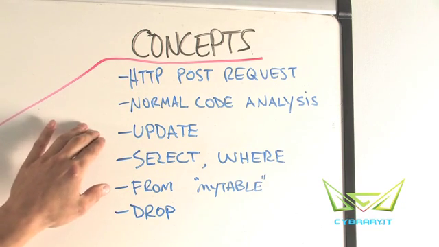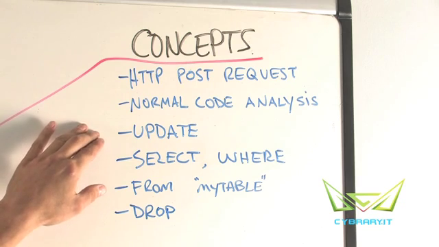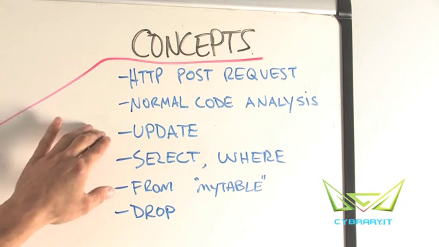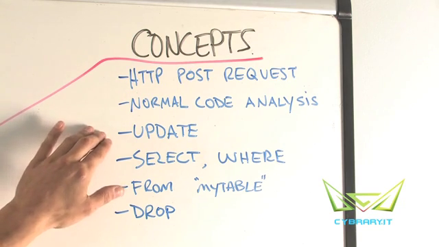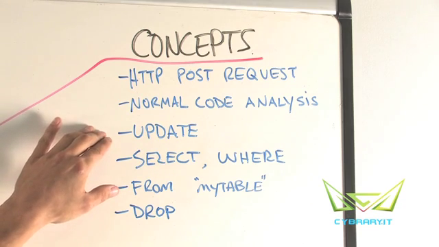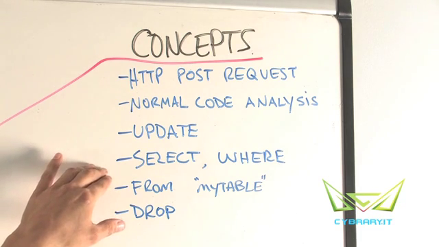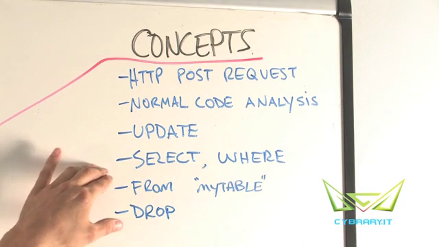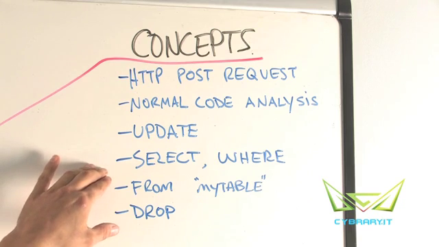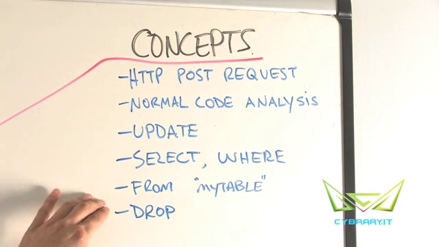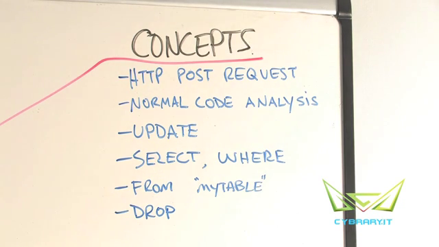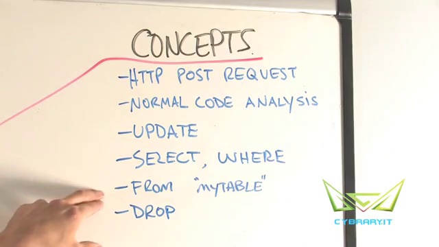Ultimately, in database language, this is what it's going to come down to. There are certain parameters like the UPDATE parameter. This is when a client sends to the server and says, hey, I'd like to update something in the database. Or SELECT something from the database where the values are equal to whatever they are. Or get something from my table, just a generic table name in that sense.